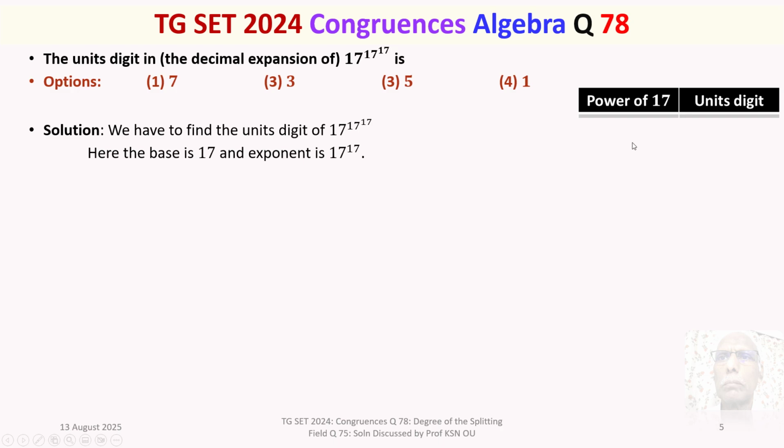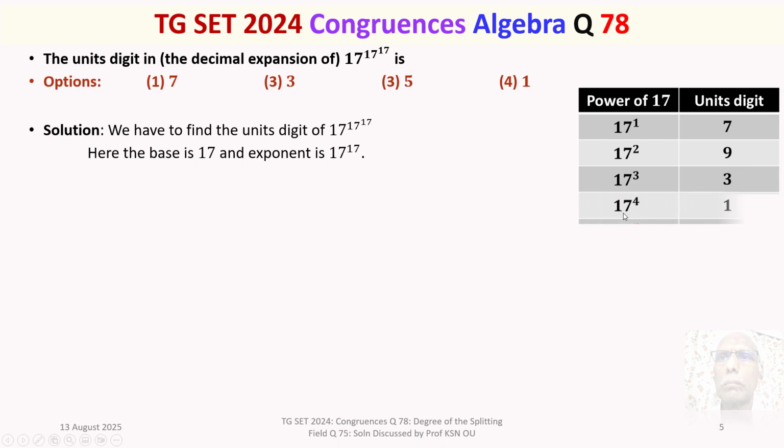First, 17 to the power of 1: the units digit is 7. 17 squared: the units digit is 9. Simply do 7 sevens are 49, and 9. 17 cubed: 7 nines are 63, 3. 17 to the power of 4: 7 threes are 21, 1.